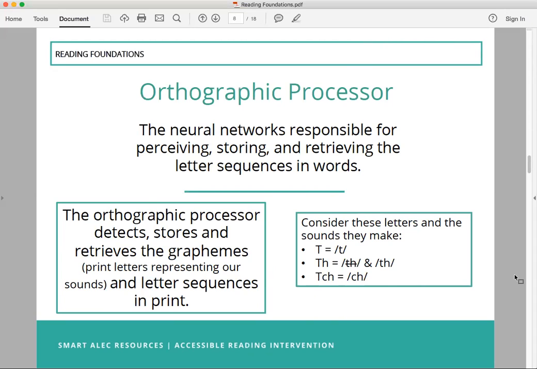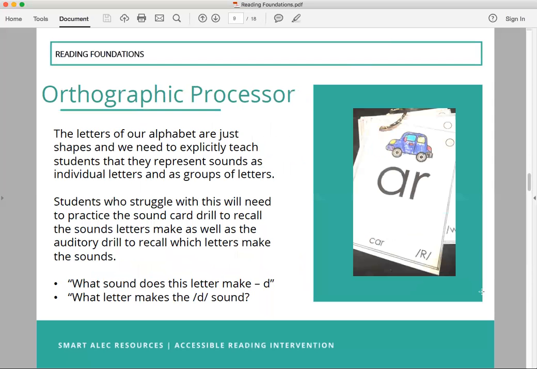So it's really important not only that we recognize what the letter looks like and then the specific sound that it makes, but also the groupings of those letters might change it even more so. Thinking about T-I-O-N, for example, if we were going to take that one step further, we get shun all of a sudden. So just knowing T by itself is not quite enough.